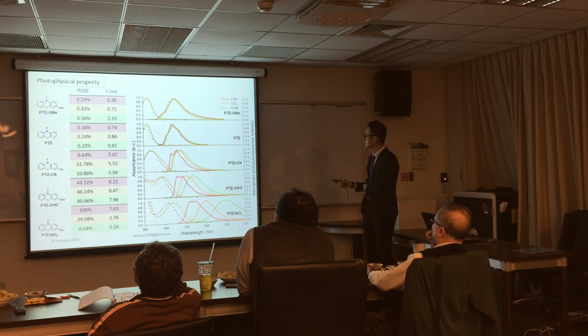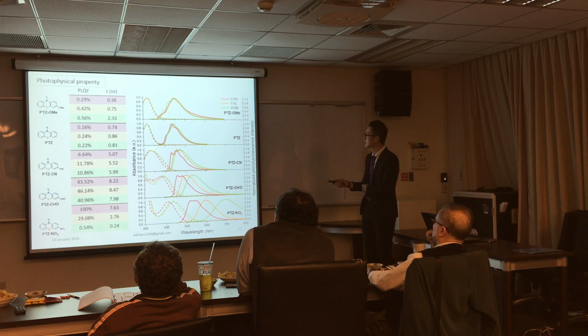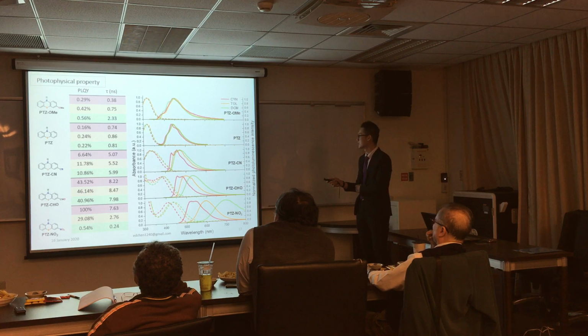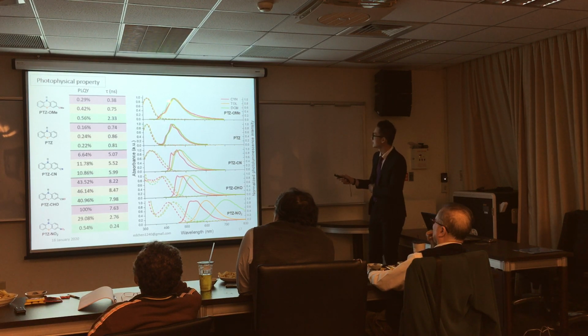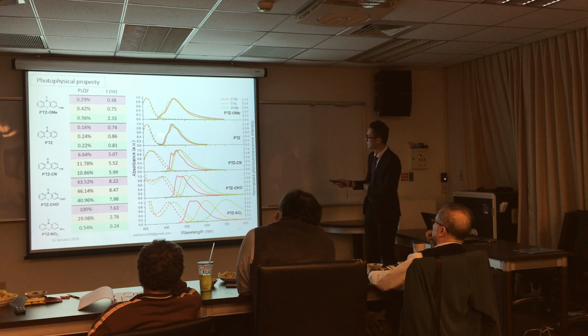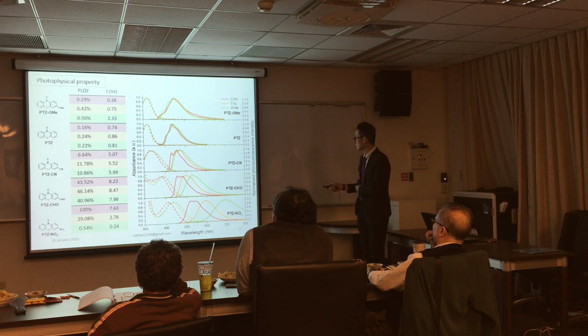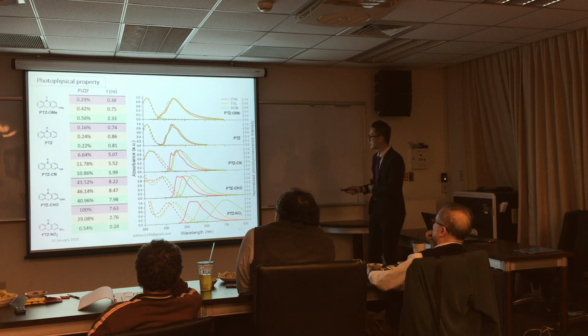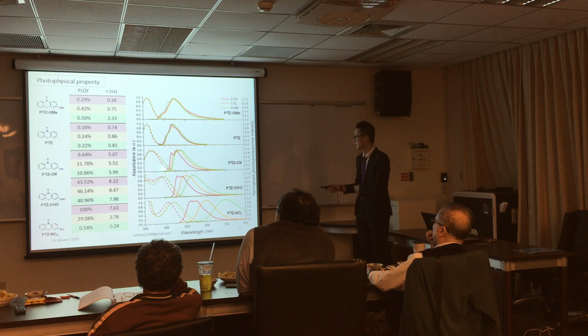For PTZ, it peaks at 222, and we can see here their emission. There is a progressive vibronic emission over here. When we introduce an electron withdrawing group, it starts to shift a little bit. It shifts from 320 to 340, and with increasing solvent polarity, the emission also redshifts a little bit.